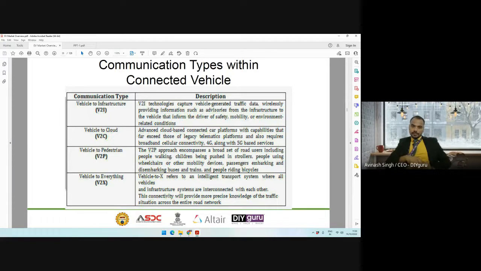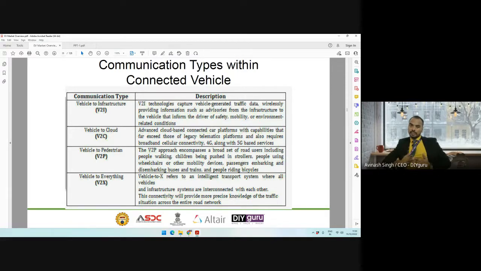Vehicle to pedestrian approach encompasses a broad set of road users, including people walking, children being pushed in stroller, people using wheelchair or other mobility devices, passenger embarking and disembarking buses, train and all. So vehicle to pedestrian communication में क्या होगा?